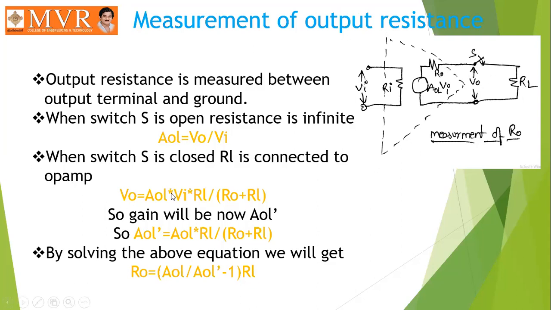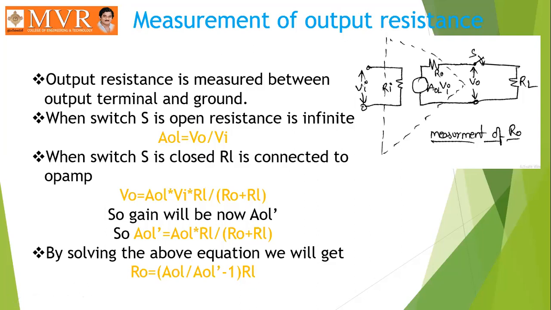For that reason, we use the voltage division rule and write the equation for V0 as V0 is equal to AOL into VI, the source acting here, into the opposite resistance RL divided by the total resistance in this path, R0 plus RL. So V0 is AOL into VI into RL divided by R0 plus RL.